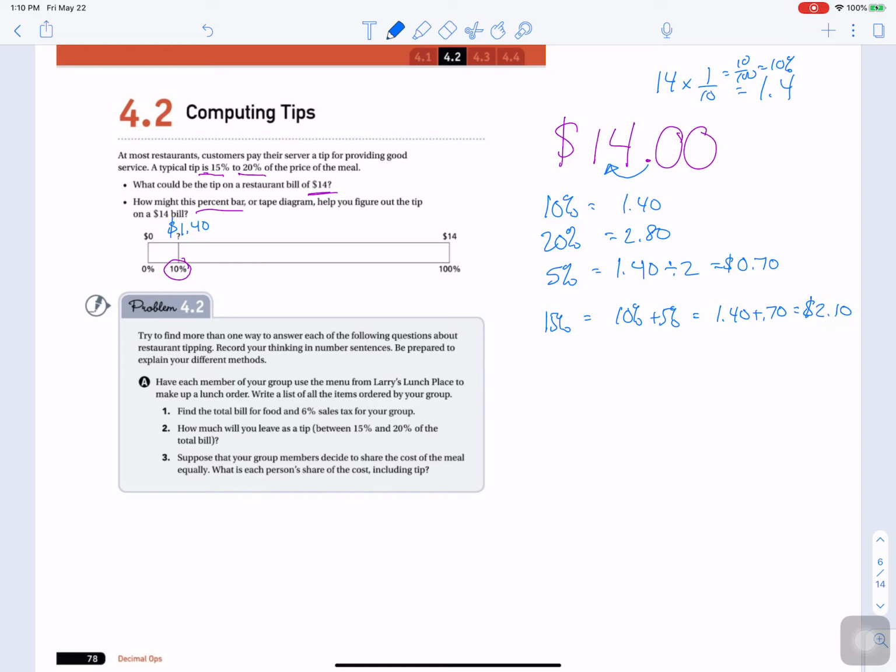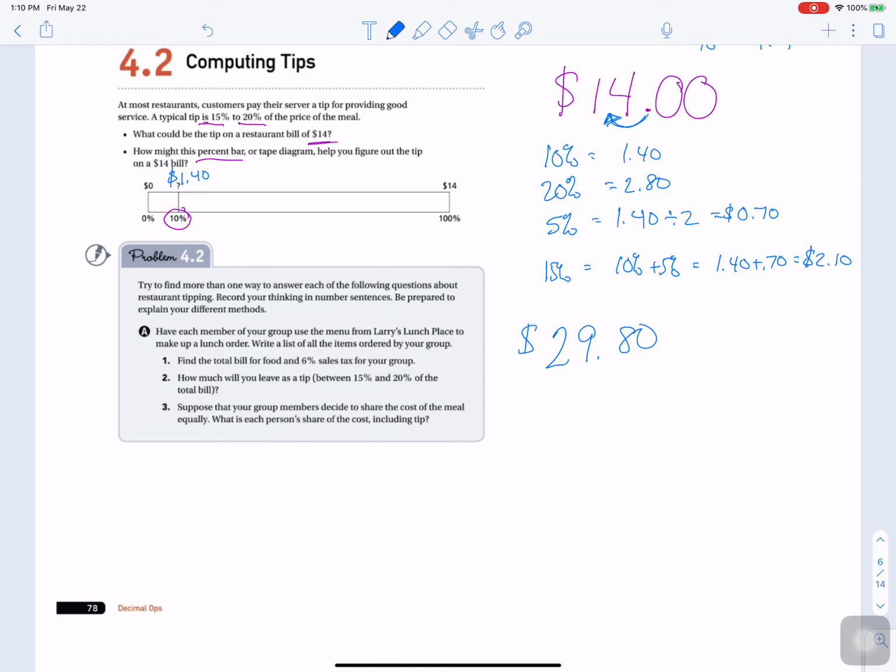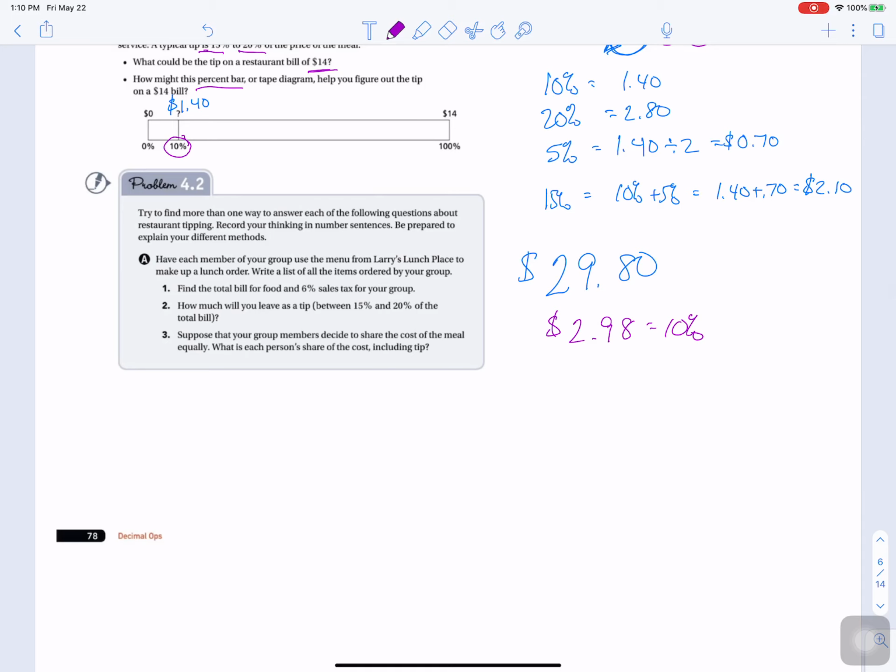Now, I know this sounds all mathy, but this is what I do when I go out for dinner with my family and I want to figure out the tip. I always just move my decimal one place to the left. Let's say my bill was $29.80. I would start out with $2.98 as 10%, and in reality, that is like $3.